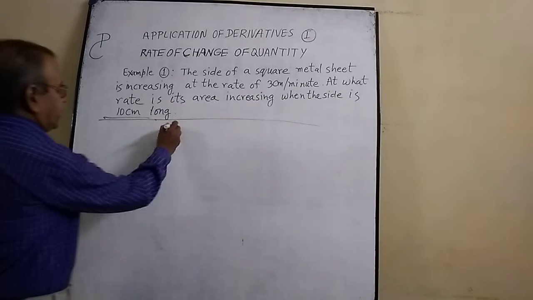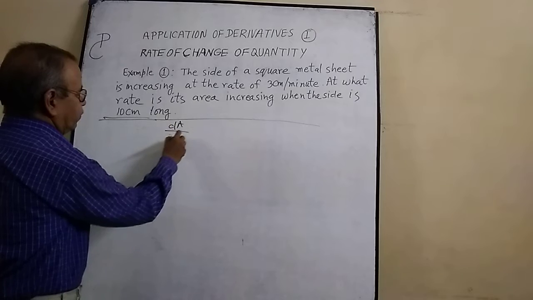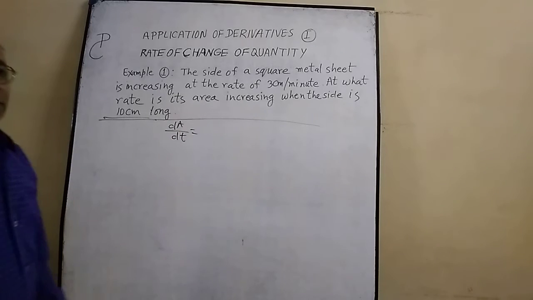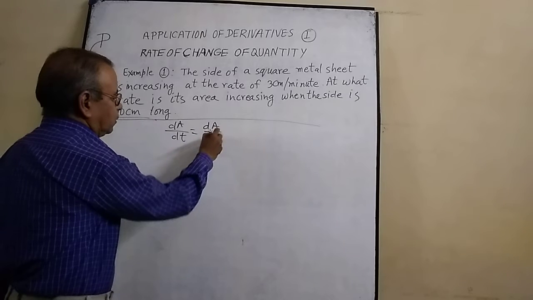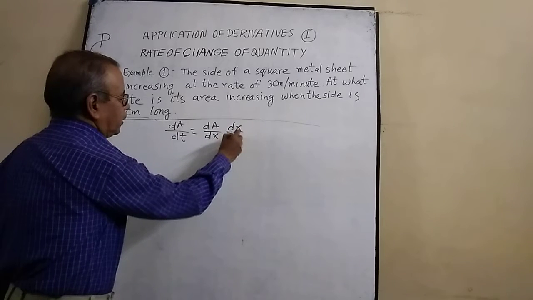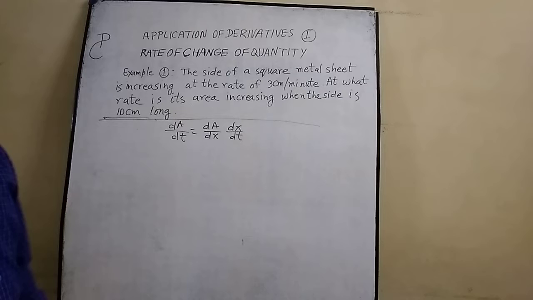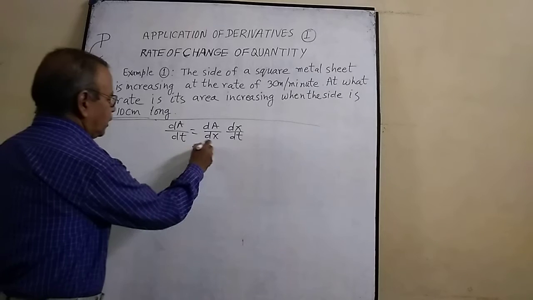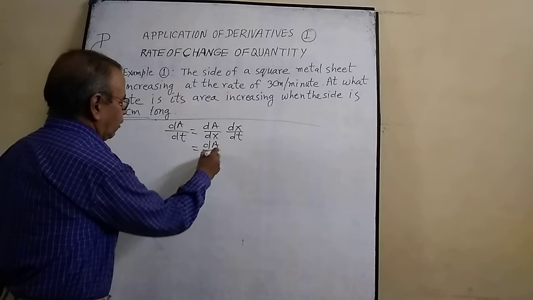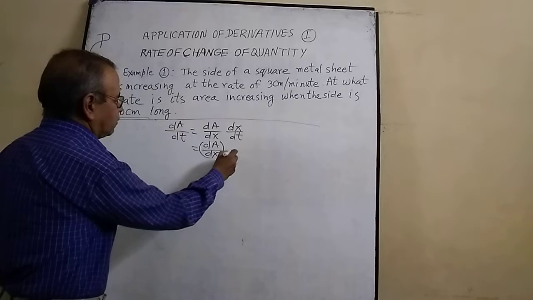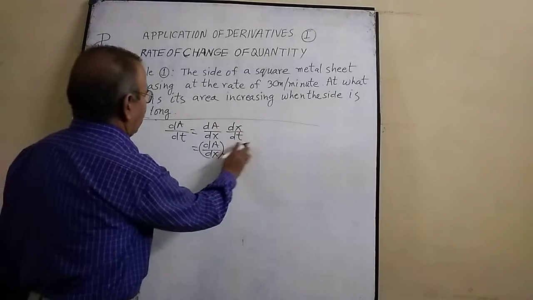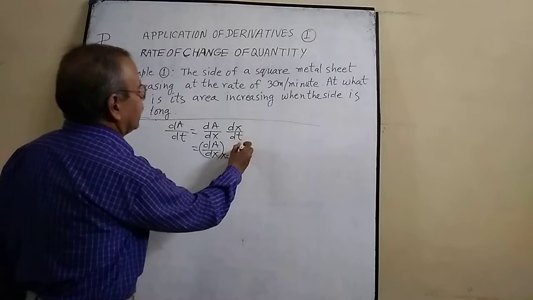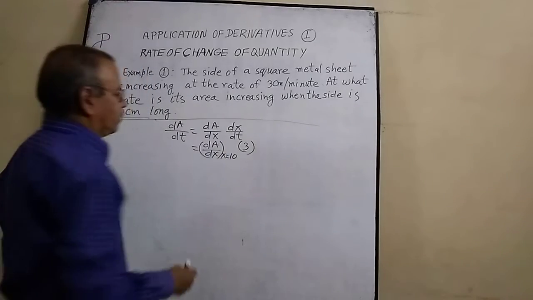So dA by dt is equal to dA upon dx into dx upon dt. Here dA upon dx at x equal to 10 is 20, and dx upon dt is given as 3 cm per minute.